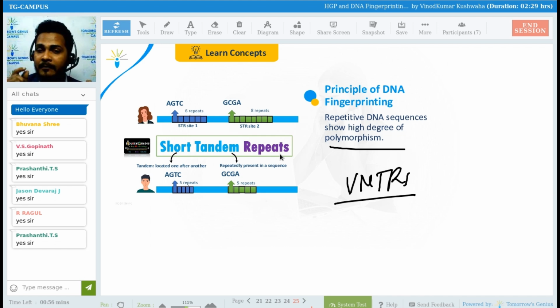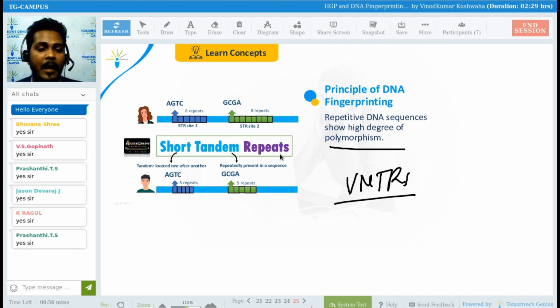So basically these VNTRs, or we can say the minisatellites, are used to identify a person's identity, like whether a particular child belongs to the first parent or the second parent. That means to find out their genetic constituents, VNTR or minisatellites are used to identify the particular DNA.